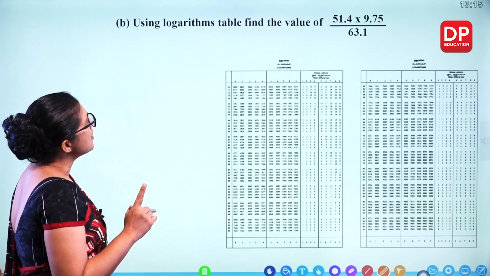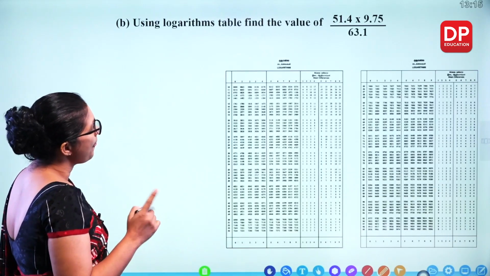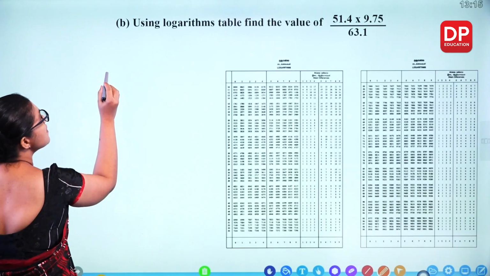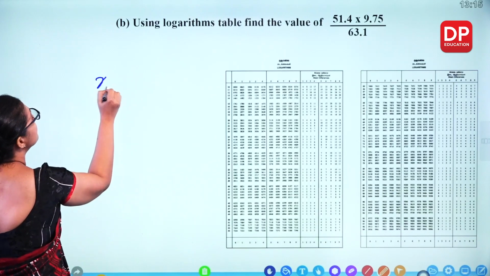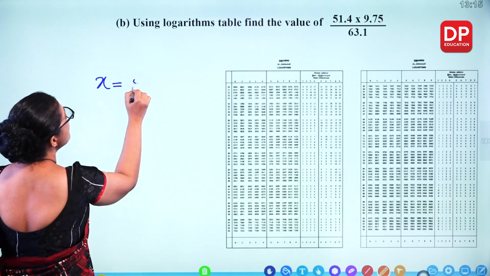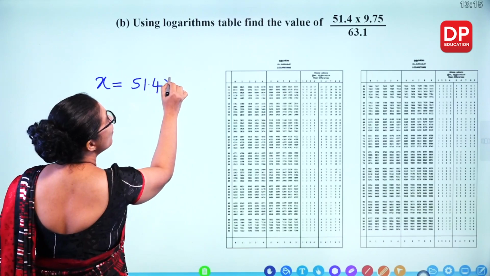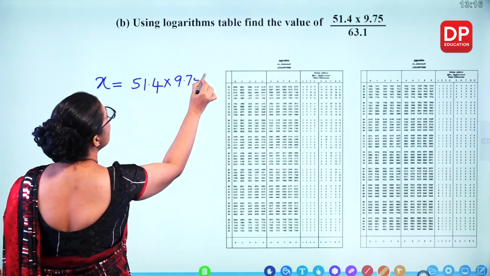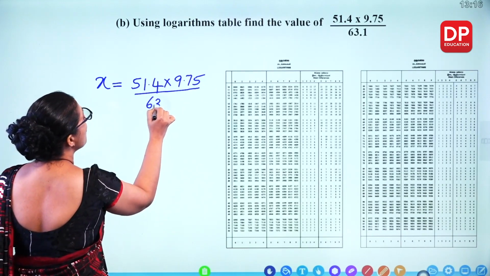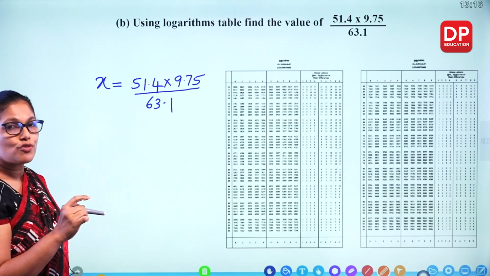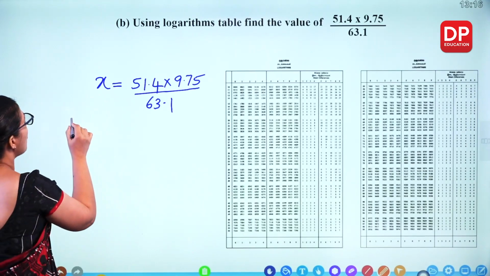Using logarithms table, find the value of this. So it's given, we'll take x is equal to 51.4 times 9.75 over 63.1. So how do you use logarithms? Take log both sides.